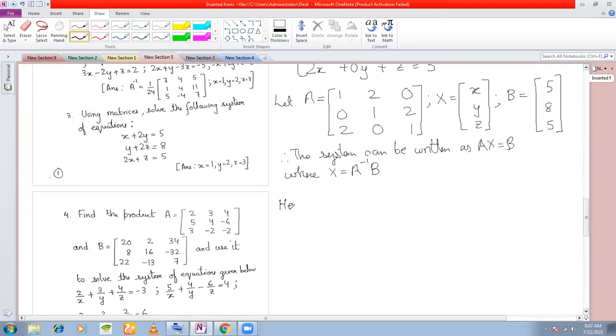So here, determinant of A is equal to, this is 0.